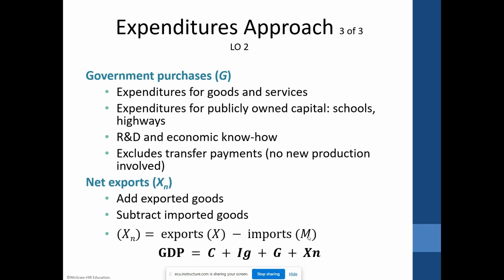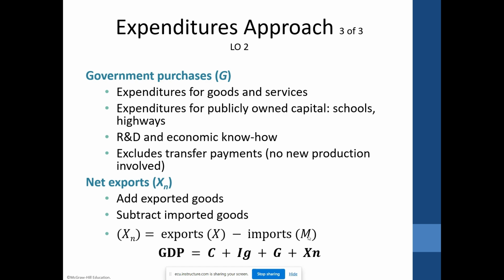It excludes government transfer payments such as Social Security, because they simply transfer government receipts to certain households and do not generate any sort of production. It includes government expenditures on research and development and economic know-how.